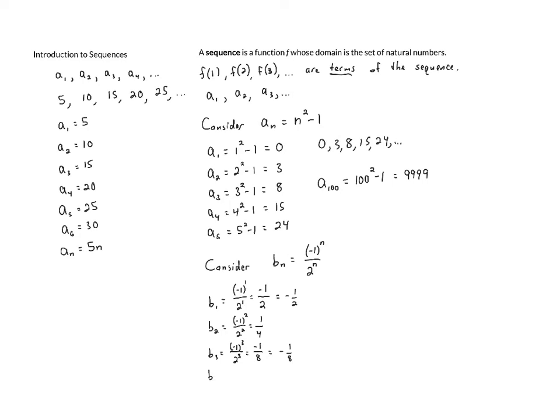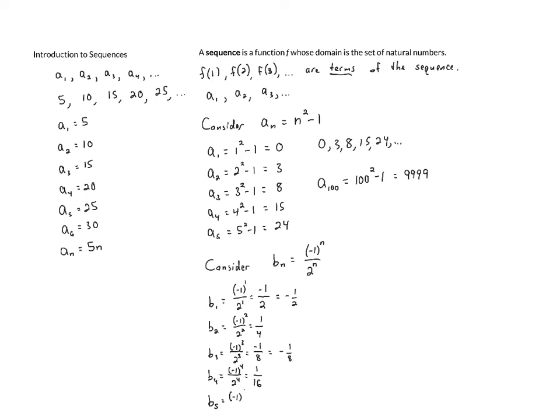If we look at the fourth term, this is (-1) to the fourth power over 2 to the fourth. A negative to an even power will be positive, so the numerator will be +1, and then in the denominator 2 to the fourth is 16. And let's look at the fifth term. I think looking at 5 terms is usually good enough to see a pattern.